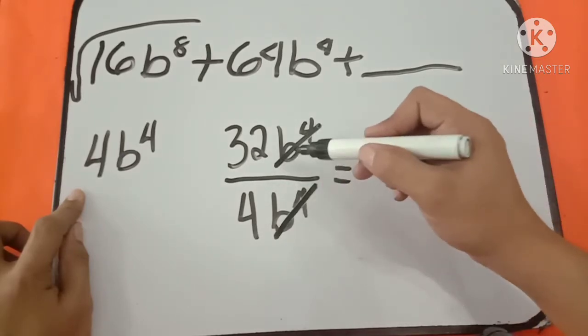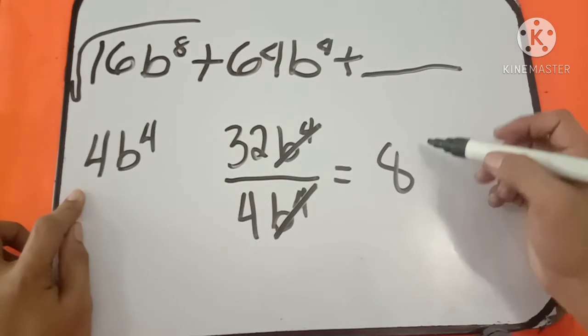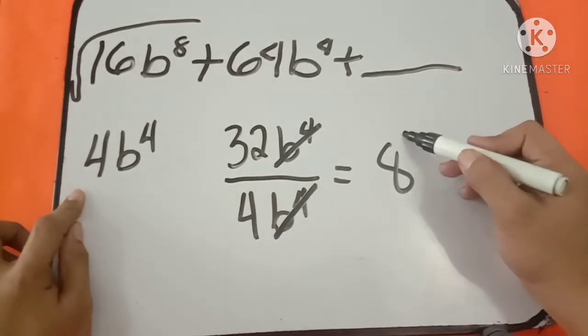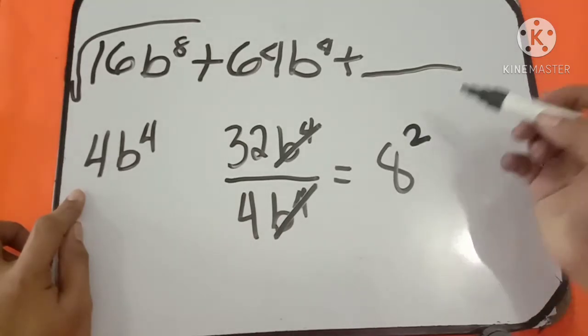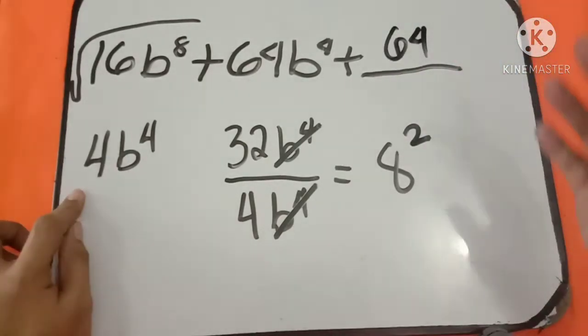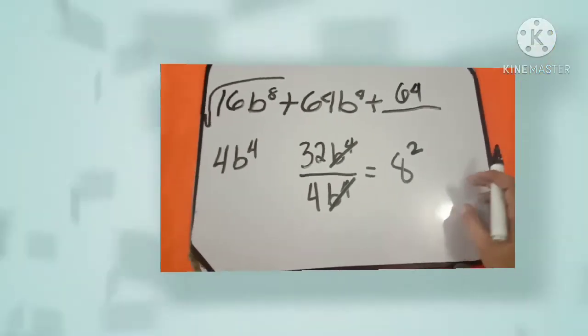Then b raised to 4 divided by b raised to 4 is simply 1, and we don't have to write it. So we have here 8. Then we simply square this one, and 8 squared is also 64. And that is the answer for the last term. I hope this is clear.